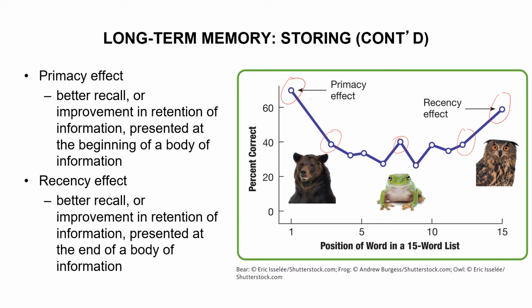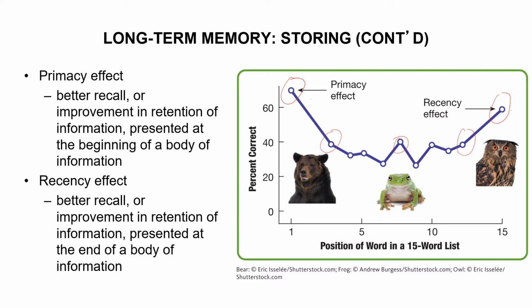Maybe I give you a list of 15 animals, and then we do a different task, so we clear your short-term memory. By doing a different task, we have distracted you so it's out of your short-term memory. The only things you'll remember are things that went into your long-term memory. Then I do a recall task and ask you to recall all the animals you listed.